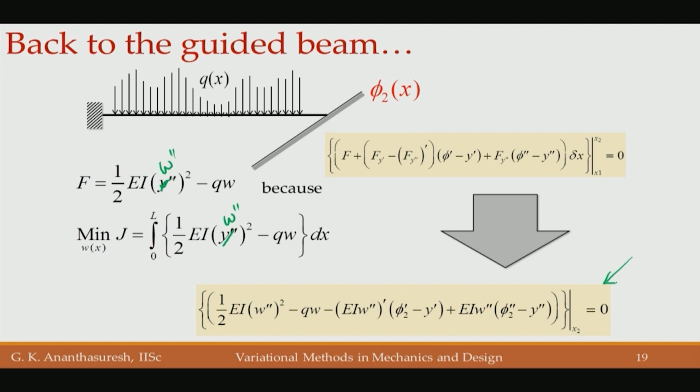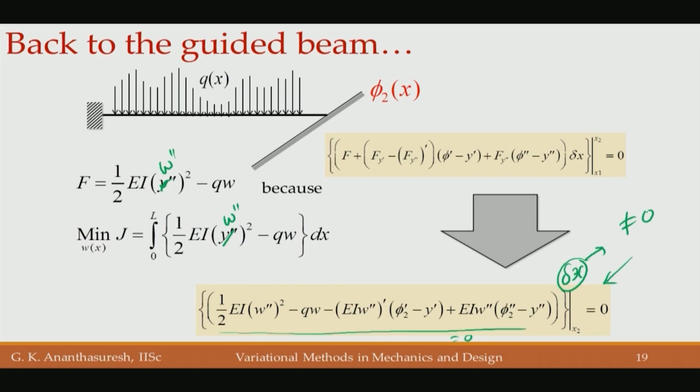This is multiplied by delta x at x 2 because that is variable, and delta x 2 is not 0. So what multiplies this thing is equal to 0, because delta x 2 is not equal to 0.